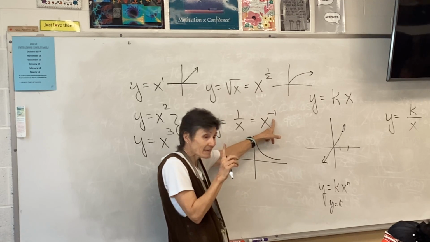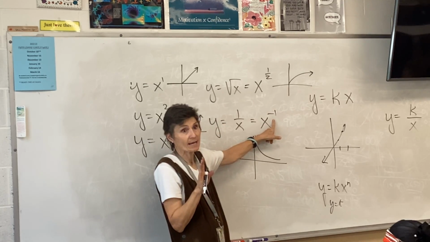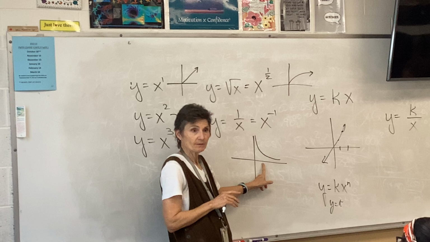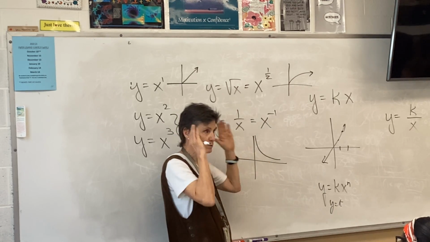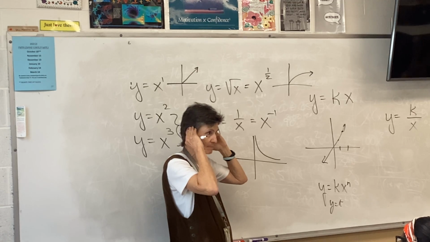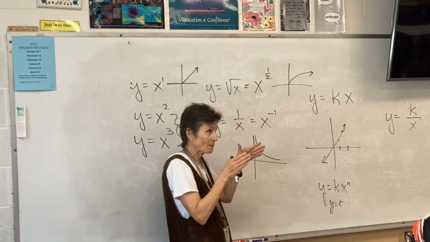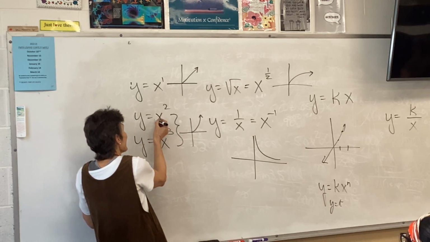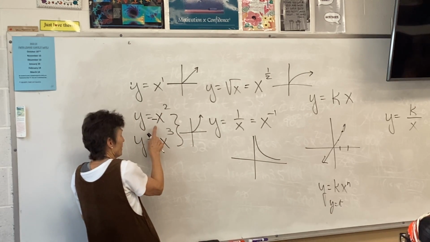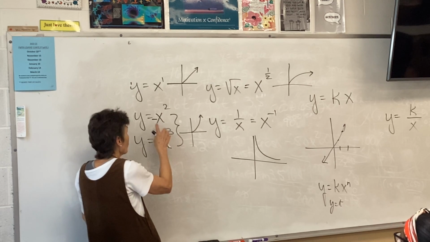And if it's a negative exponent of any size, it's going to have this shape. All right, so if you still remember your BFF shapes, then you know exactly what power functions are going to look like. If you put a negative coefficient on the front of anything, what does it do?